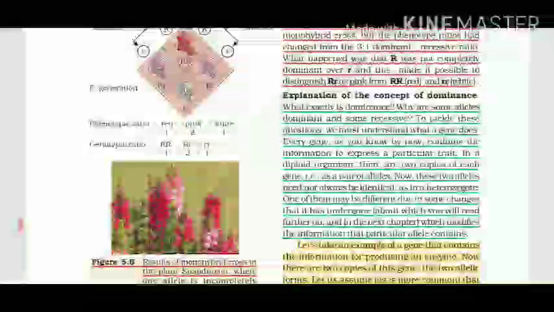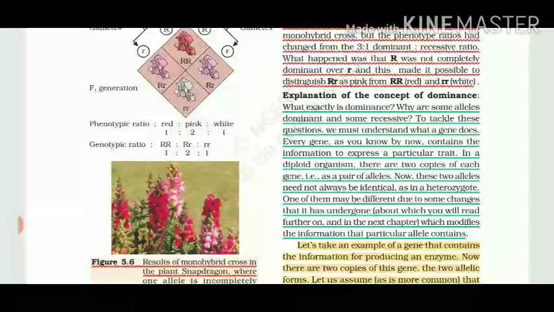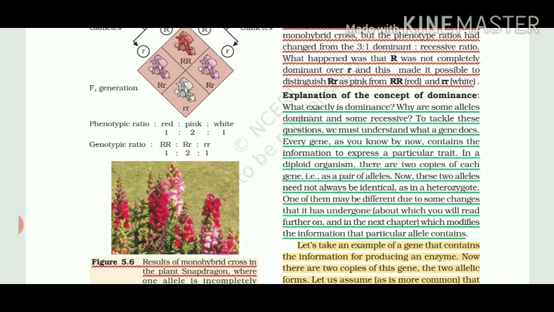If we take another example of a gene that mostly contains information, whenever genes are there, they have to produce one or another kind of enzyme, and enzymes are always proteinaceous in nature. When enzymes get synthesized, there will again be two copies of genes and two allelic forms, which are responsible for showing a combination of the results of both parents.